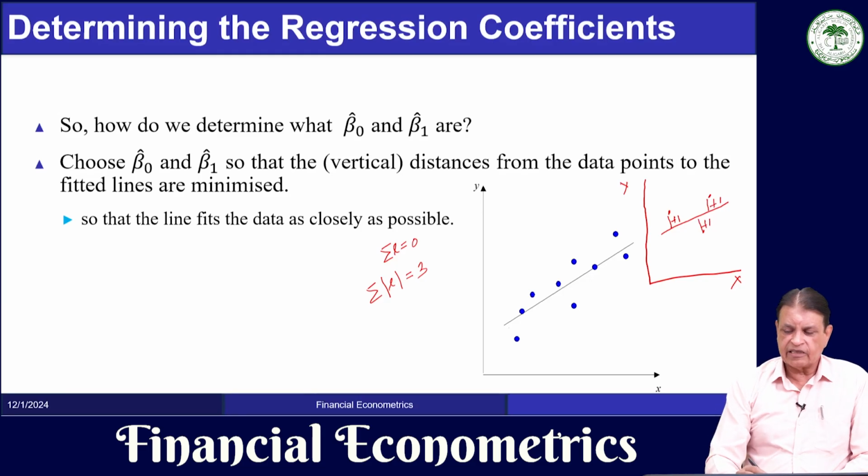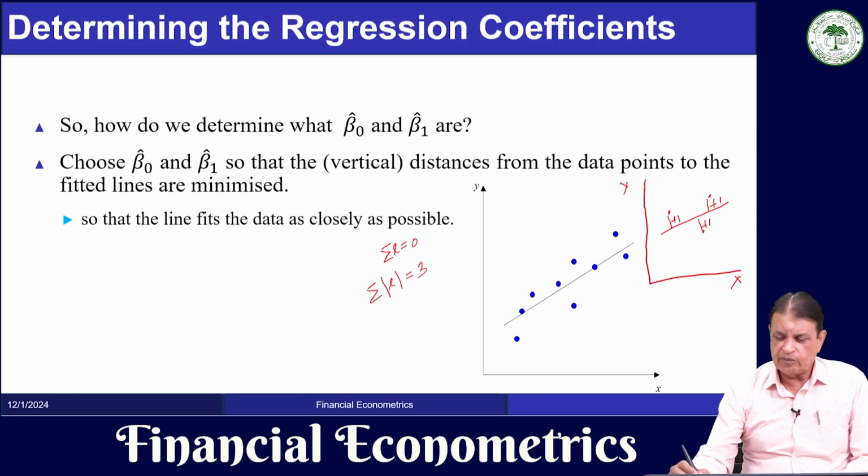So if we take the mod value, it will be 3. And if suppose we pass the line through these 2 points like this, then the distance here will become minus 2, because these 2 points are already on the line.